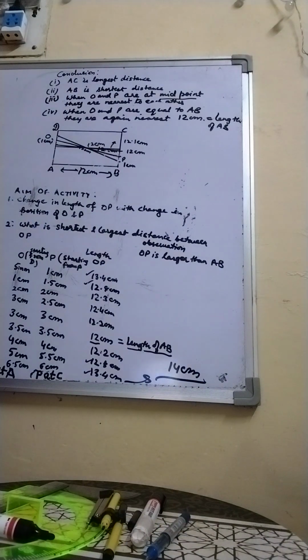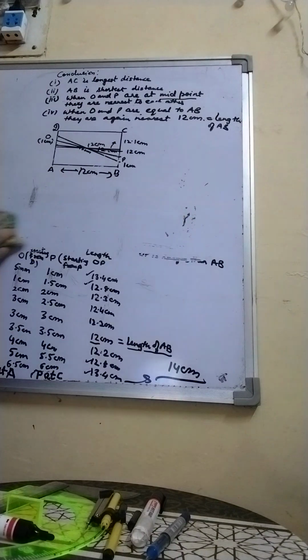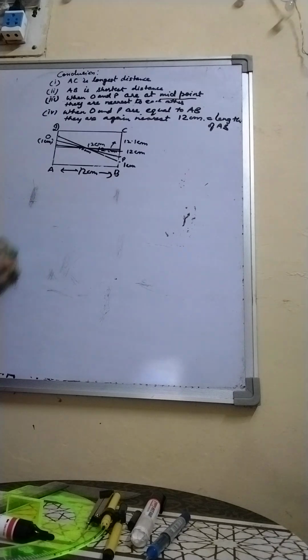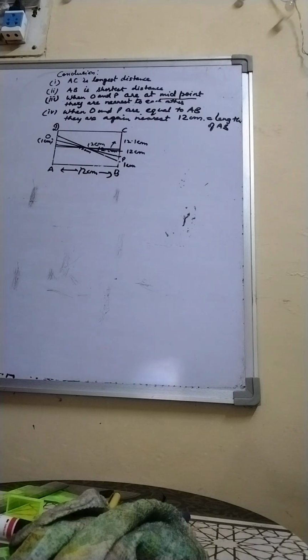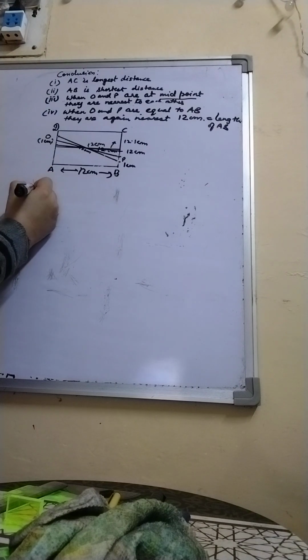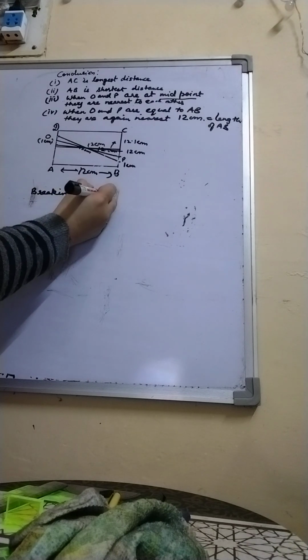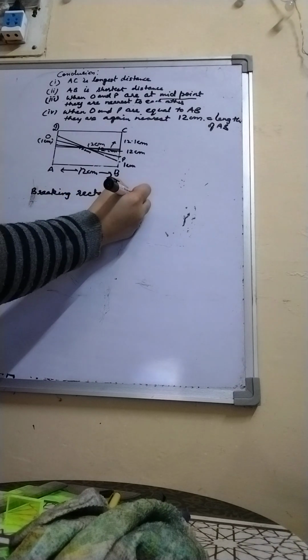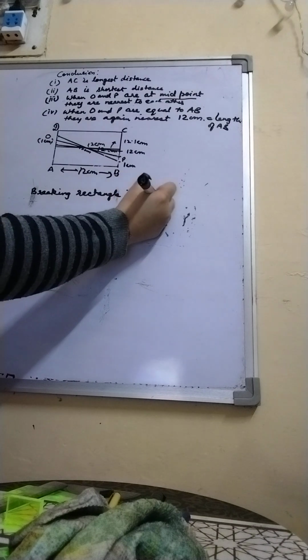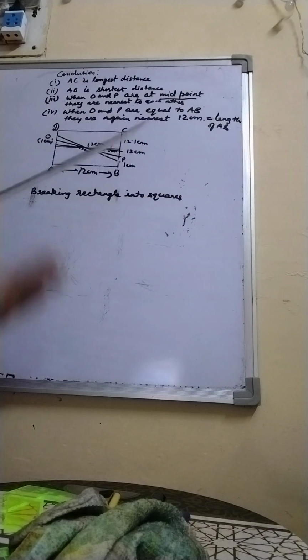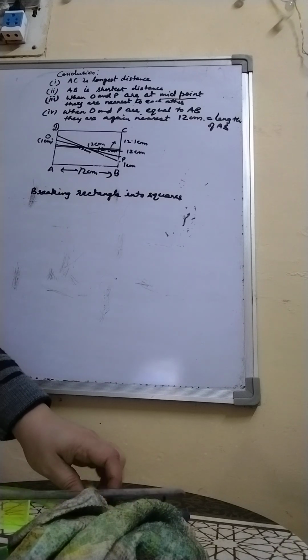Now we would do the second activity. Second activity is breaking rectangle into squares. So for this we need ruler and compass also we require.